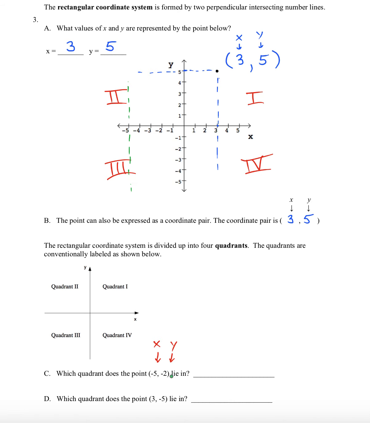Okay, and then we want to get a y of negative 2, so we want to go here and just see where these two intersect. They intersect right there. And so this is going to be our point (-5, -2). It's clearly in quadrant 3 because both x and y are negative. That's the easy way to tell.